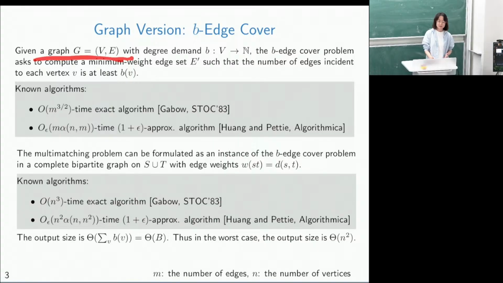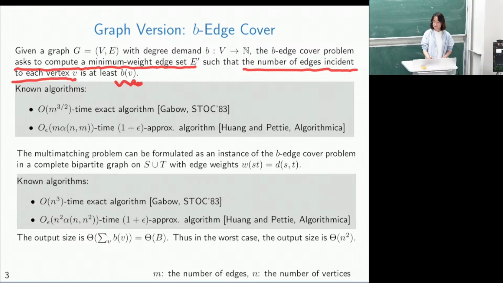It can be a bipartite graph or a general graph. As before, each vertex has a degree bound, and this b-edge cover problem asks to compute a minimum weight edge set such that the number of edges incident to each vertex v is at least b(v). So the degree of v in the solution must be at least b(v).